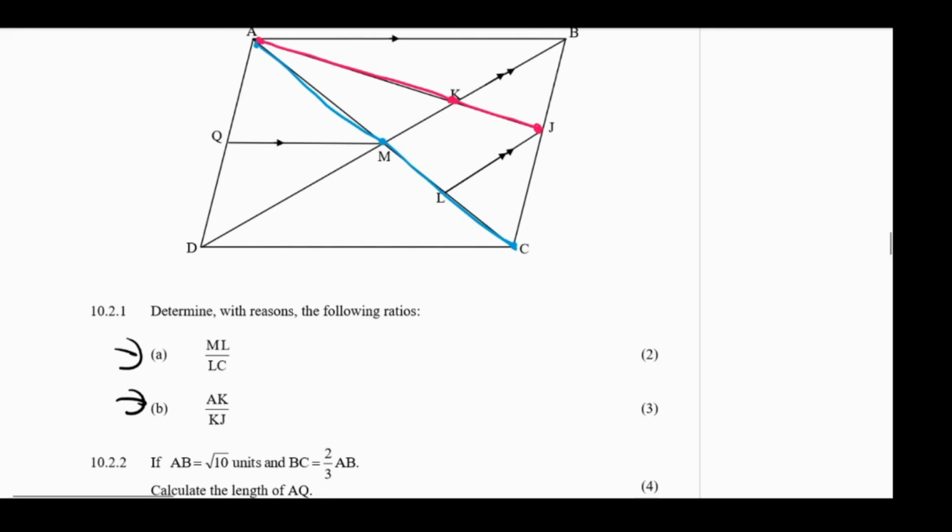Why? Because this portion here goes along with this portion here, right? Cool. So this is what we're going to do.